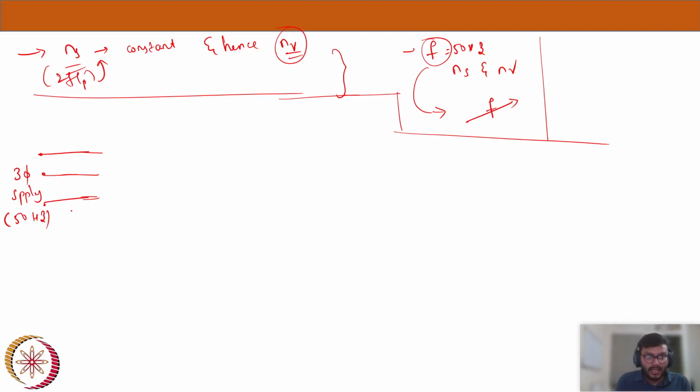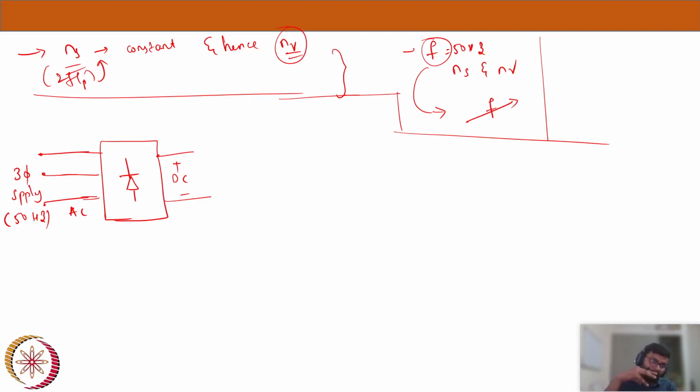This is an AC supply. Now I will introduce a rectifier here. You can use a diode bridge rectifier, full wave or half wave rectifier. You will use a full wave rectifier, of course. Using the rectifier, we will first convert this AC supply into a DC supply. This is the DC supply now.